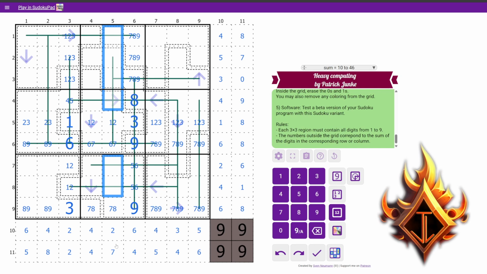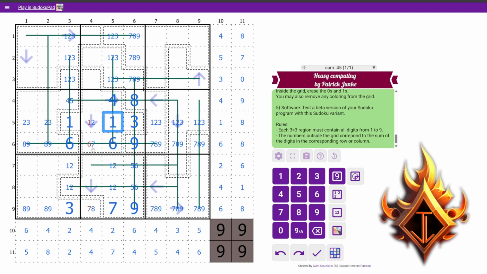And then we need 14 more, which would have to be 7, 6, 1.